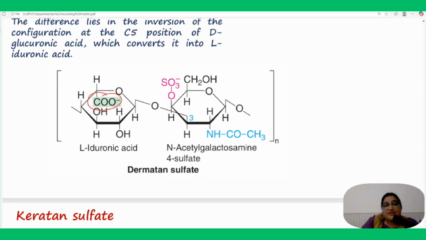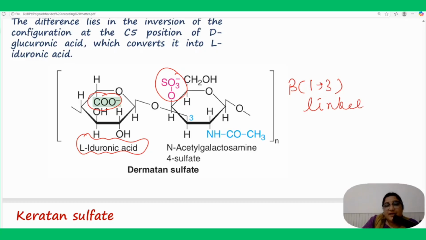Here the COO negative, the acidic group, lies below the plane, and when the acidic group lies below the plane, we say that it is the iduronic acid. So the iduronic acid and N-acetyl glucosamine 4 sulfate are beta 1,3 linked, and they form the dermatan sulfate, which is important.